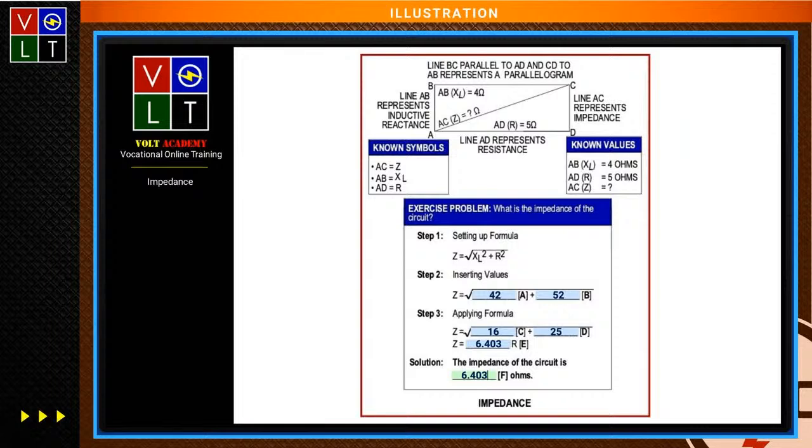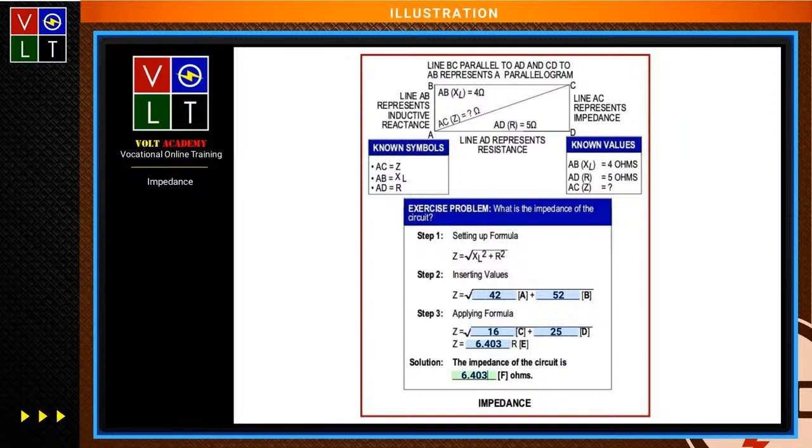Basically, the inductive reactance is positive because the inductance causes the voltage to lead the current. Where I'm looking at capacitive reactance, it's negative because the voltage lags the current. You see what I'm saying? So you're answering my question from 3 slides ago. That's nice.